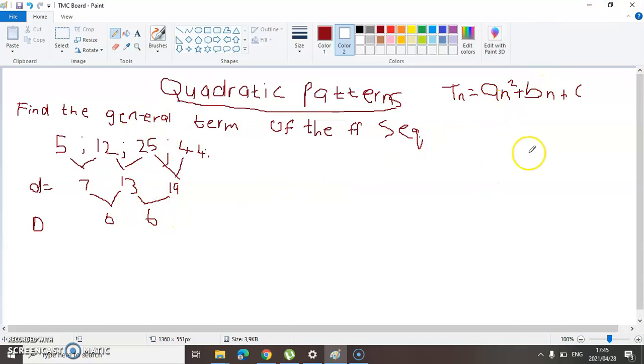So if you want this pattern, you need to find the value of A, the value of B, and the value of C. Now, in order to find these, what do we do?